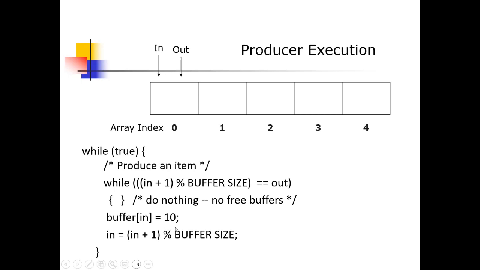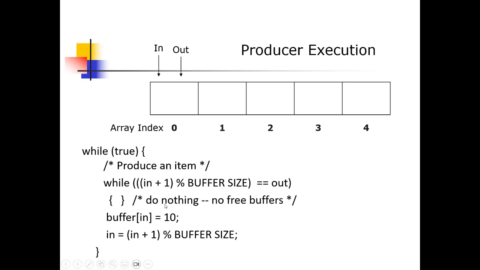Buffer in, which means buffer 0, becomes 10. Now the new in will be in equals in plus 1 mod buffer size. Here we are just checking, not initializing a variable, but here we are initializing. 0 plus 1 mod buffer size, which is 5. 1 mod 5 is 1.